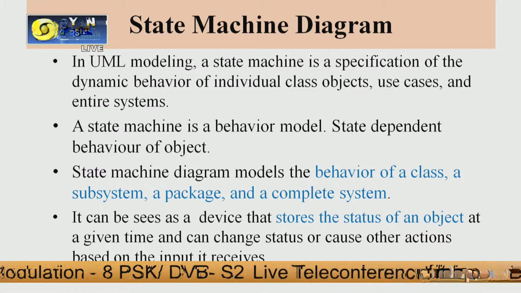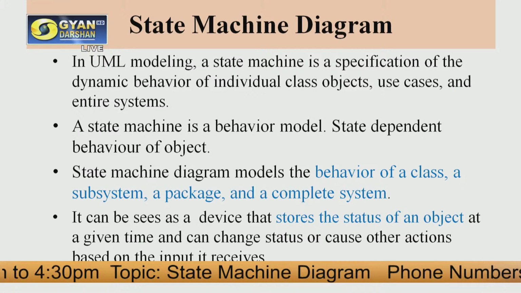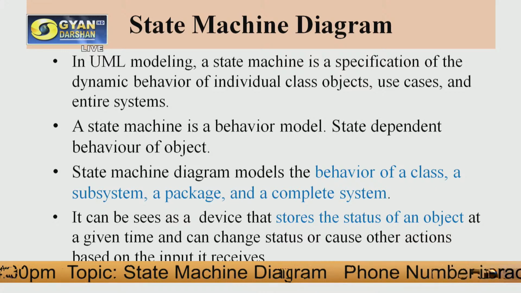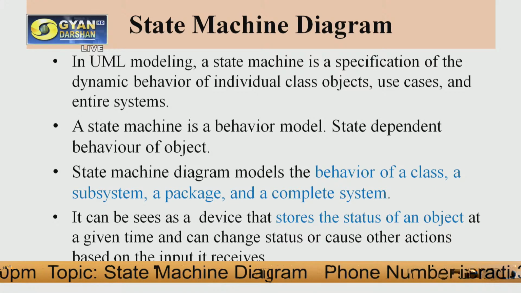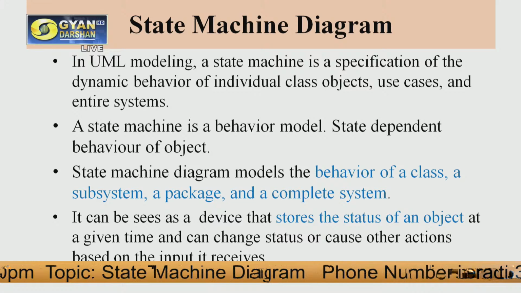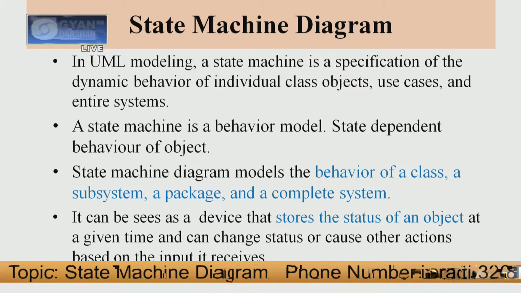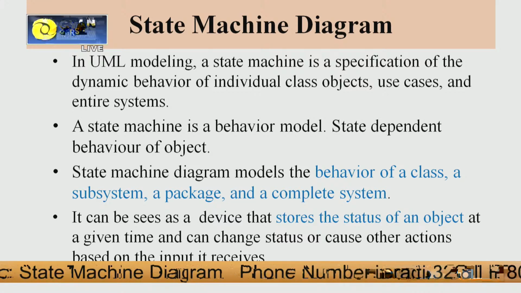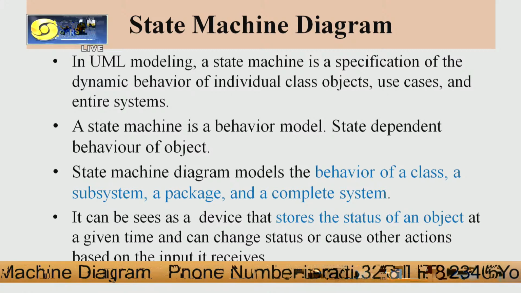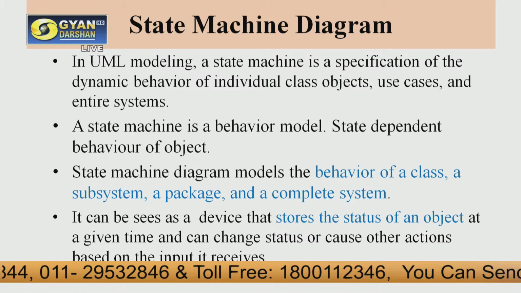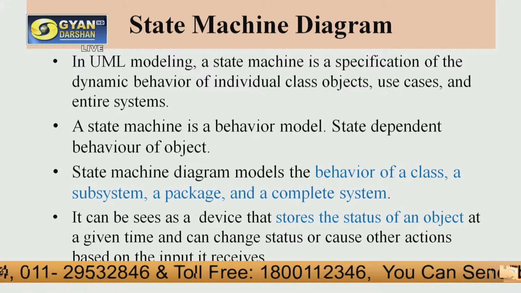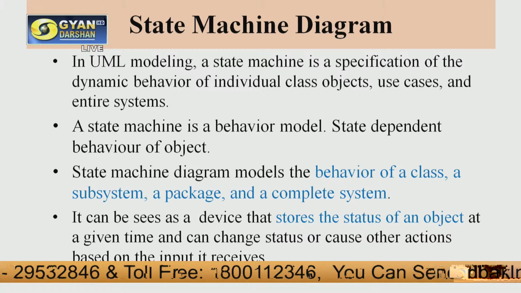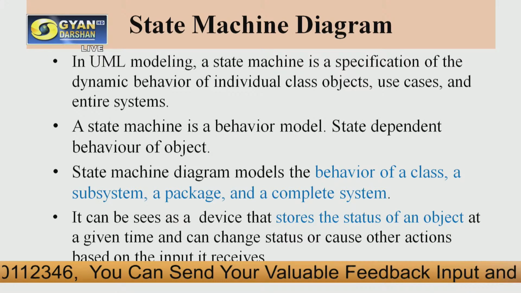That particular state is stored, and on the basis of certain events that state changes, which is also depicted in the state diagram. So a state diagram shows the transition of the state. It means that you are moving from one state to another state, and the cause of that movement is a certain kind of event.